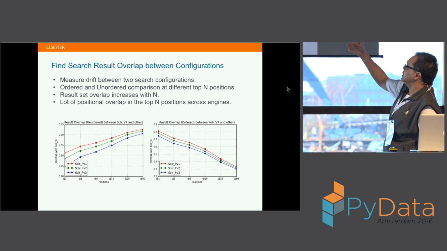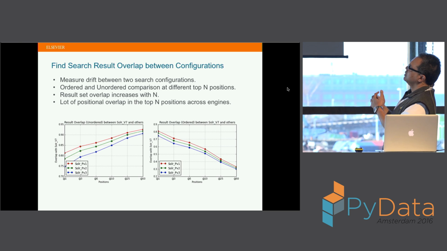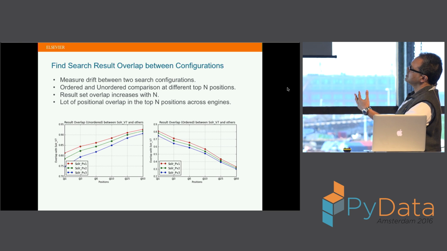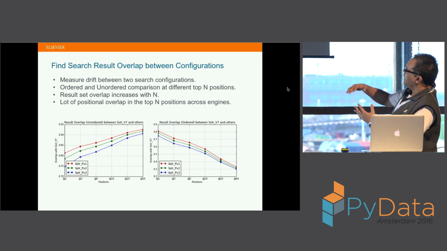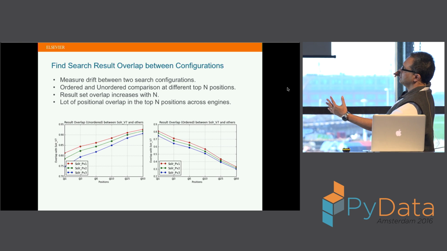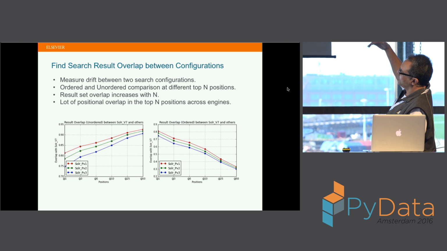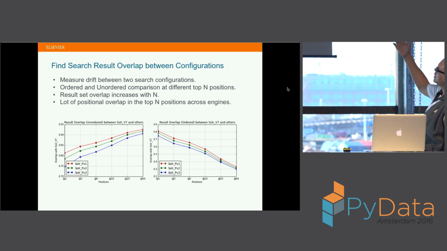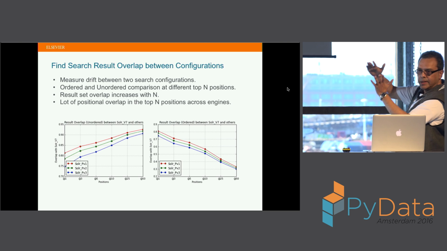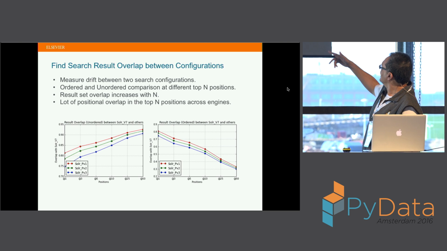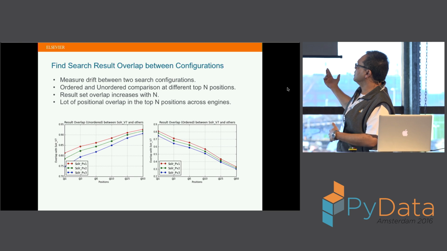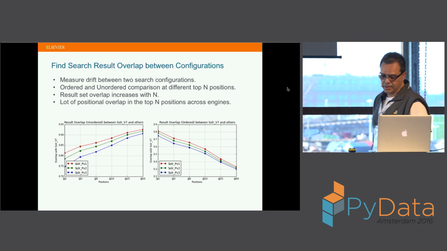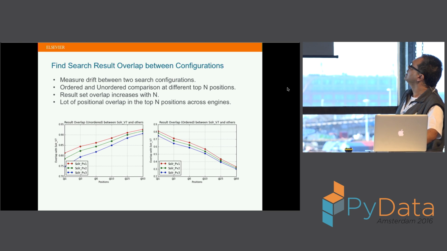Interestingly, when comparing unordered results, as the number of positions goes up, the overlap goes up also. When you do ordered, you want to see that they are exactly the same order, and as the positions go up, that goes down, which is intuitively correct, right?